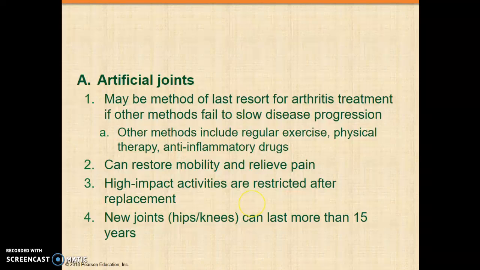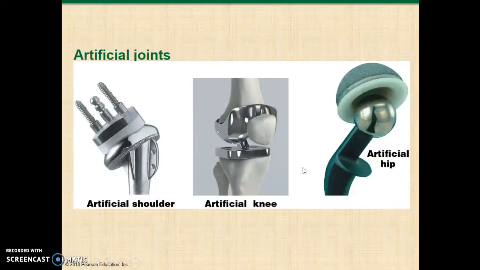And artificial joints are becoming more and more common, although this may be the treatment of last resort. Other methods before artificial joint replacement would be regular exercise, physical therapy, and anti-inflammatory drugs. New joints can last for 15 years. Shoulder joints, knee joints, and hip joints.